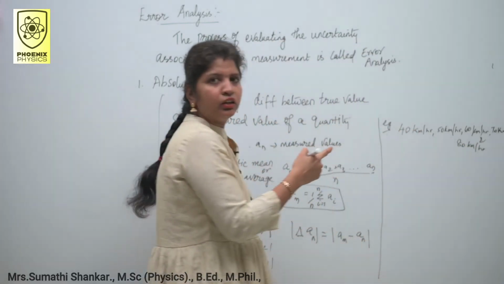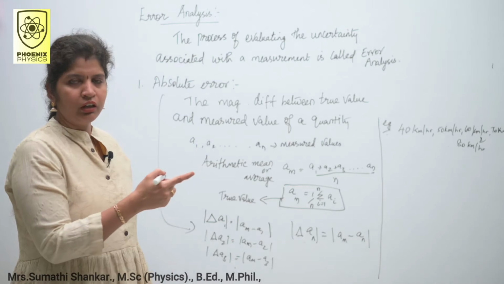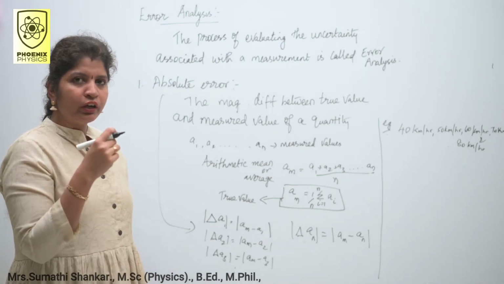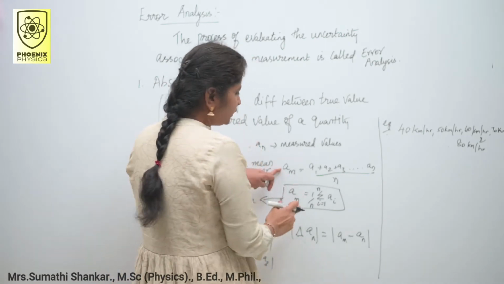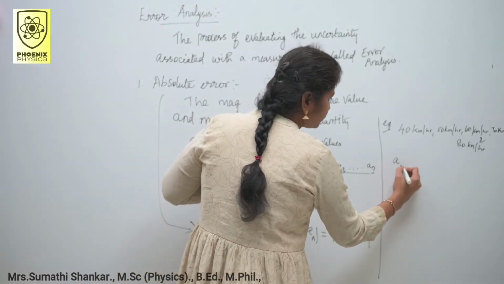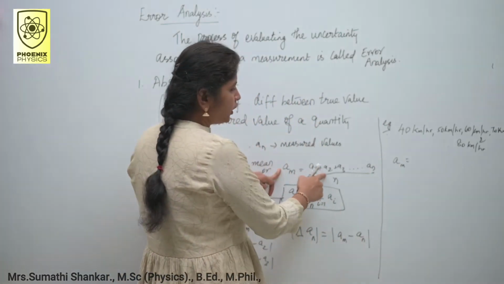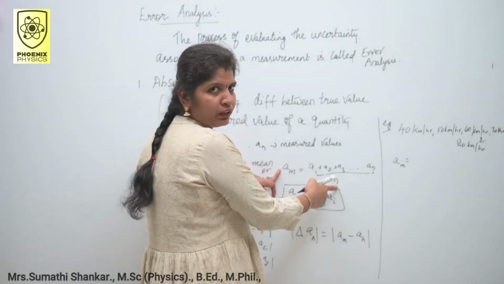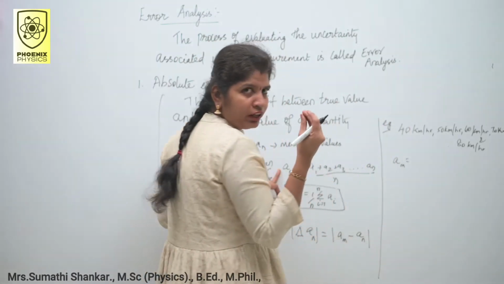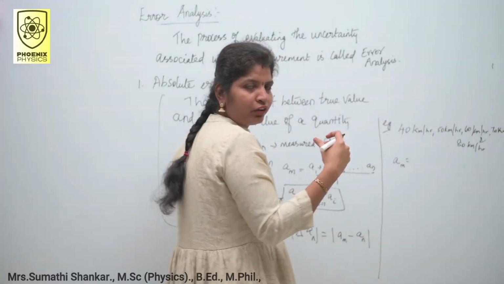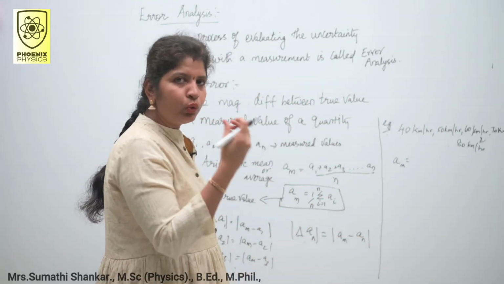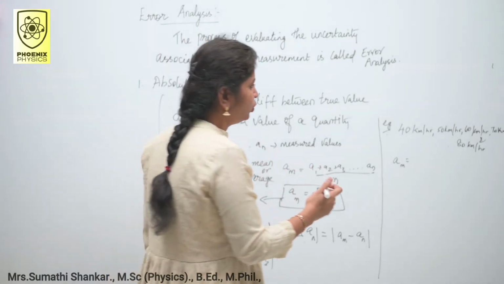These are all the speedometer readings. Now I want to find out the true value. What is the formula for the true value? That is AM is equal to A1 plus A2 up to AN divided by N. Here I have 5 readings. So just add all the readings and divide by 5, you can get the true value, that is the AM value.